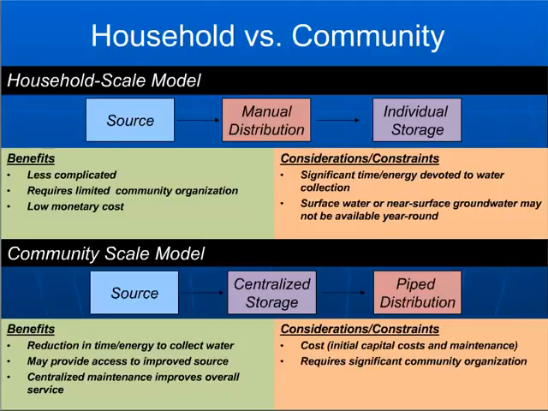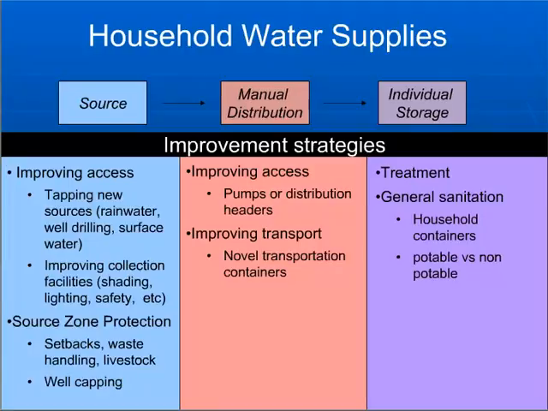So again, as we're considering the types of systems that are going to be implemented in particular communities, just make sure that everybody in the community is aware of the benefits and costs or considerations associated with moving from one system to another.